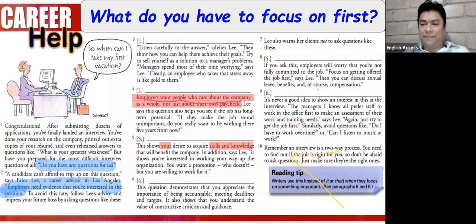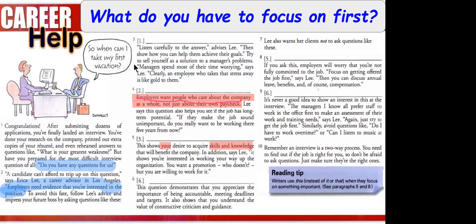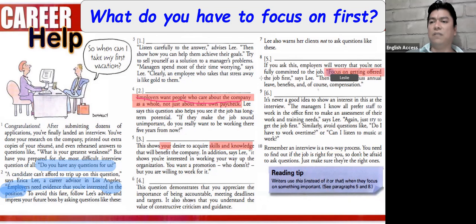Oh. All right, time's up. So what's the answer? What do you have to focus on first? Focus on getting offered the job first. There is the answer. Okay.